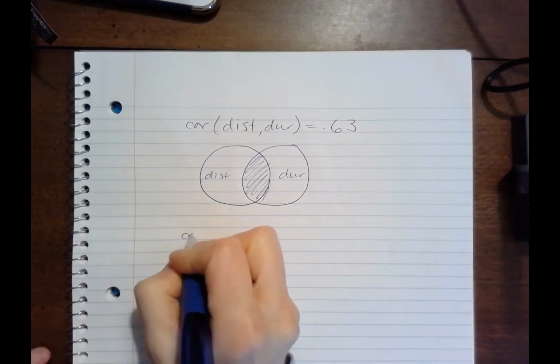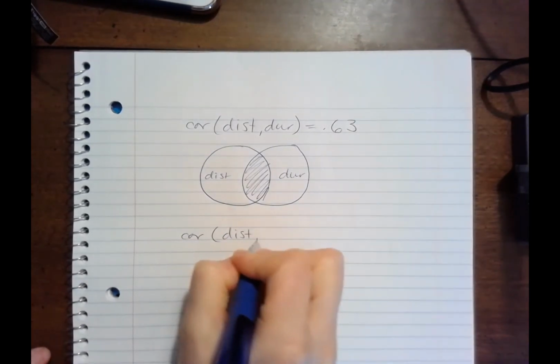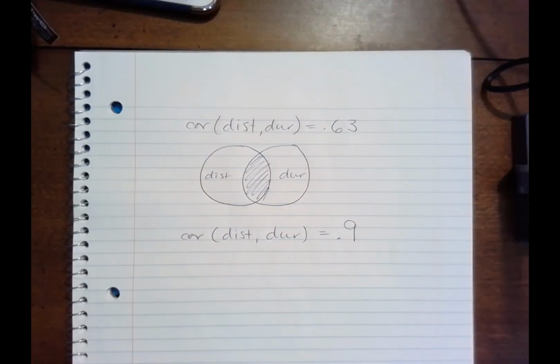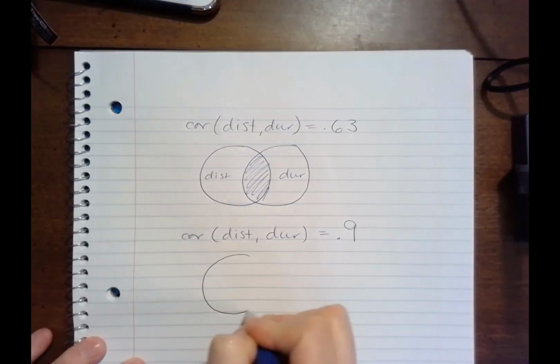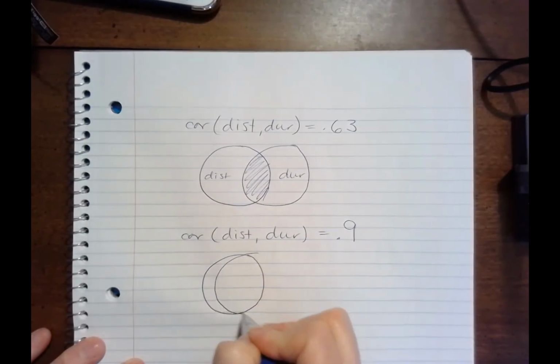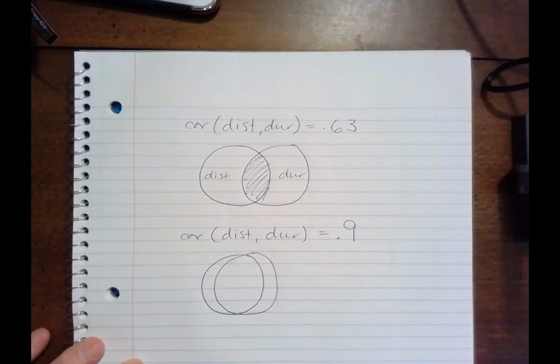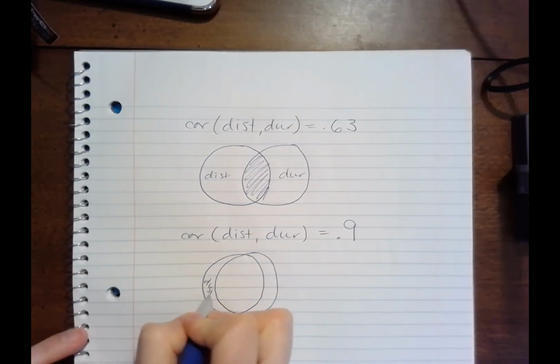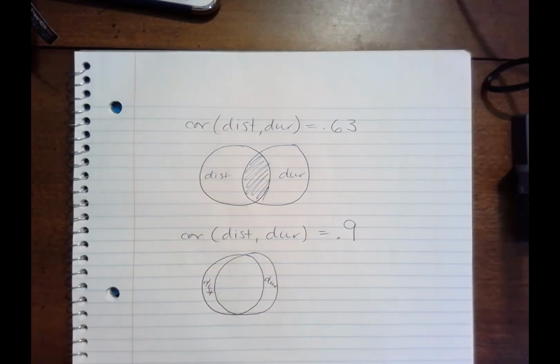But if you had a situation where the correlation between distance and duration was 0.9, let's say, then what you have in the diagram now is a situation maybe more like this, where it's harder to see what the differences are. So let's say this is distance and this is duration over here.